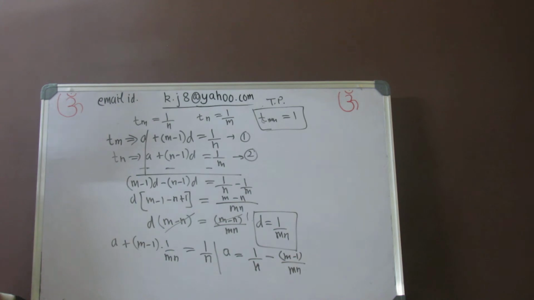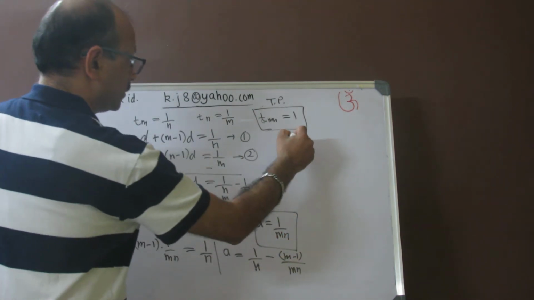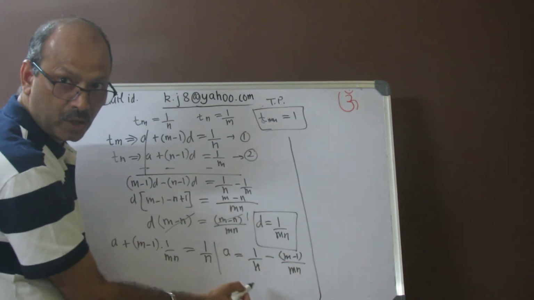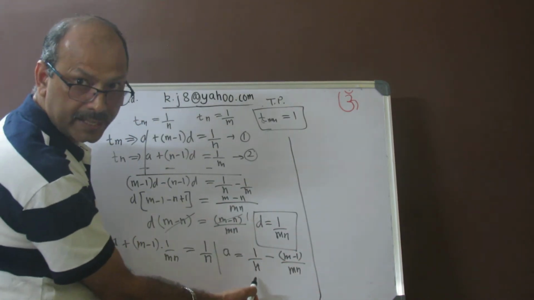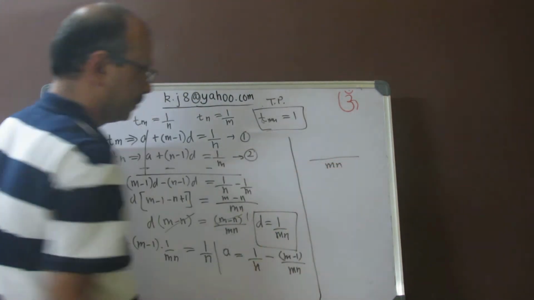Now you can see I can take mn common because one denominator is n, another is mn. So my LCM is mn.